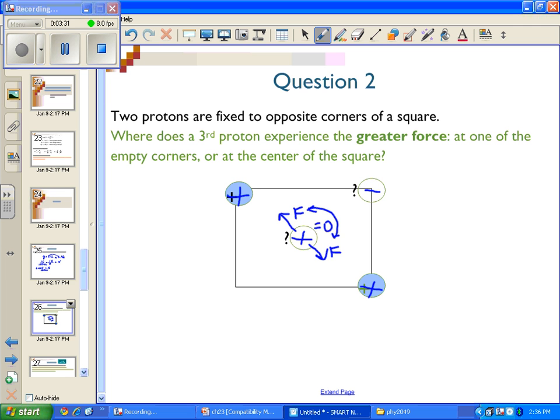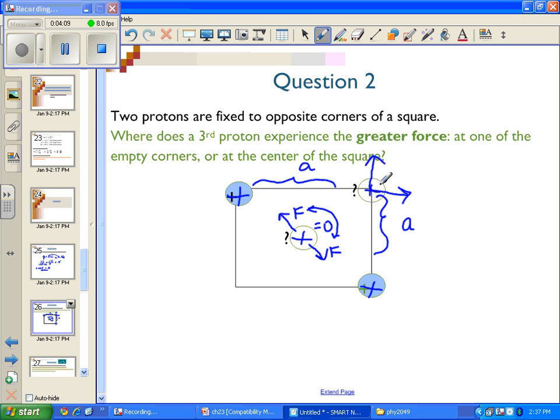Now let's see what happens if we instead put the proton at the corner. This proton is repulsed by one proton and will feel a force directed along the line that joins them, away from it. The other proton will exert a force pushing this proton in this direction here. Because the sides of the square are equal, the magnitudes of the forces will be the same.